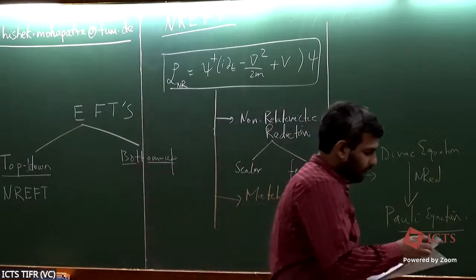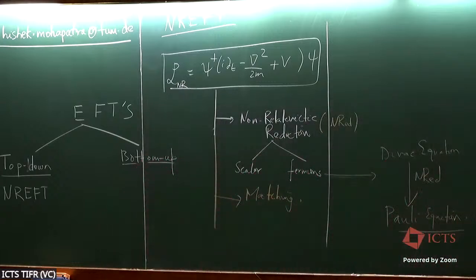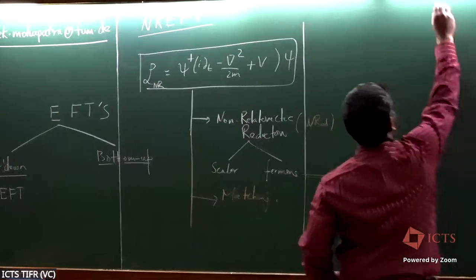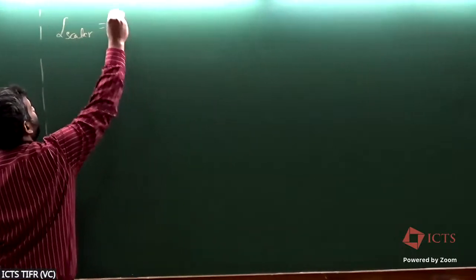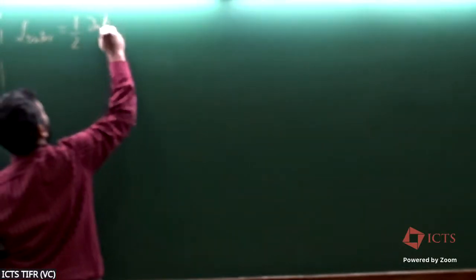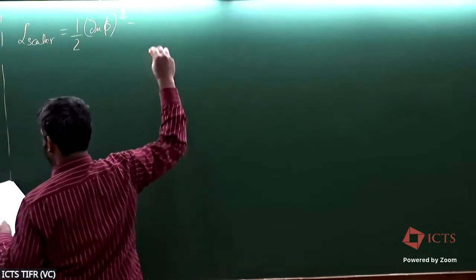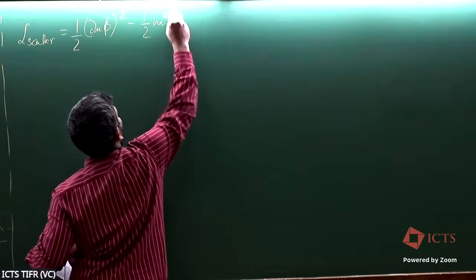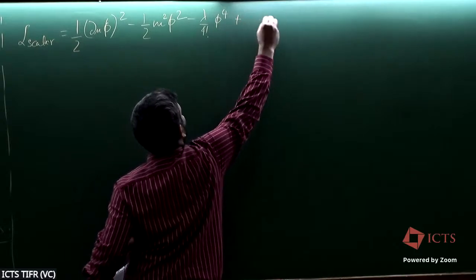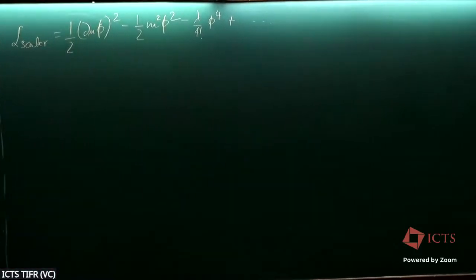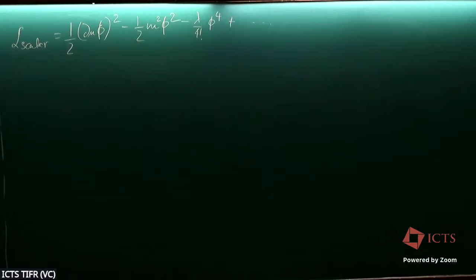Okay, so let me start first with the Klein-Gordon equation or the Klein-Gordon Lagrangian, where the dots mean any higher order terms that I want to add, but let's keep up to phi-4 theory.